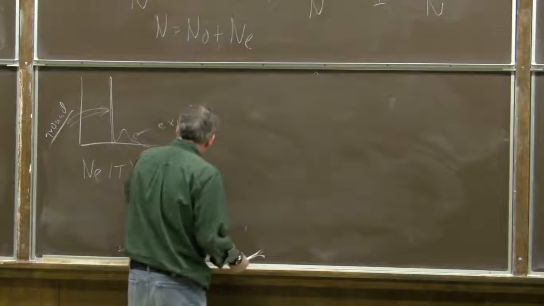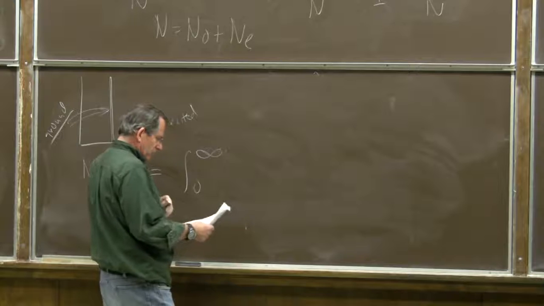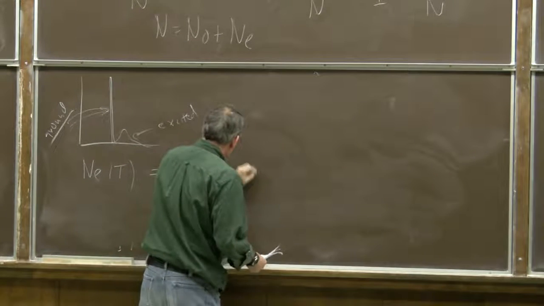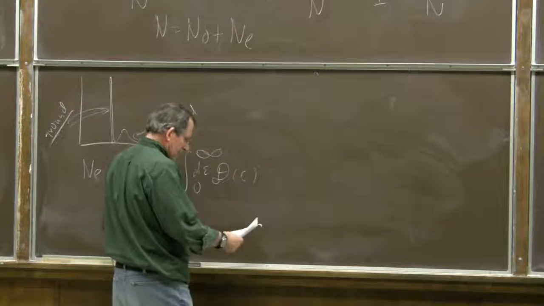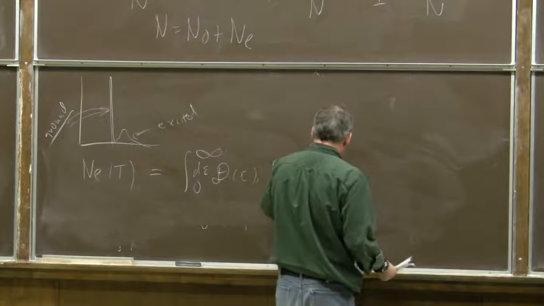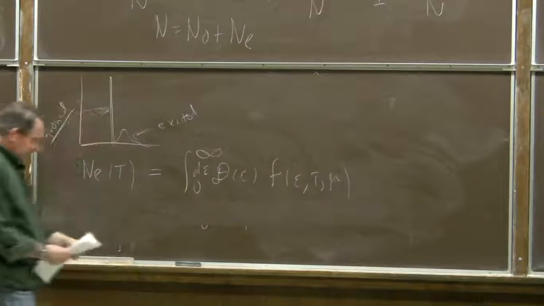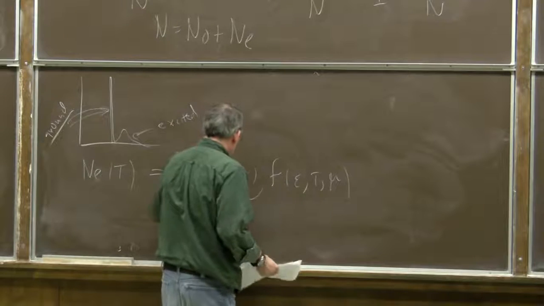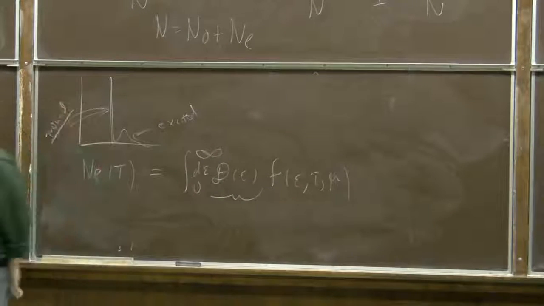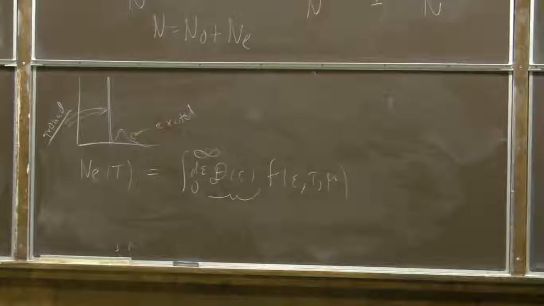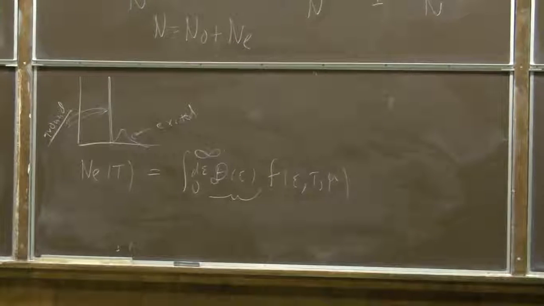We're going to integrate from 0, the energy of the ground orbital, up to infinity, the density of states per unit energy, dE, times the distribution function, which depends on temperature, chemical potential, and energy. And we know what the density of states is. I'm going to set the spin factor equal to 1 because I'm going to consider spinless bosons. These are bosons, so they have integer spin, and I'll consider the spin 0 case.